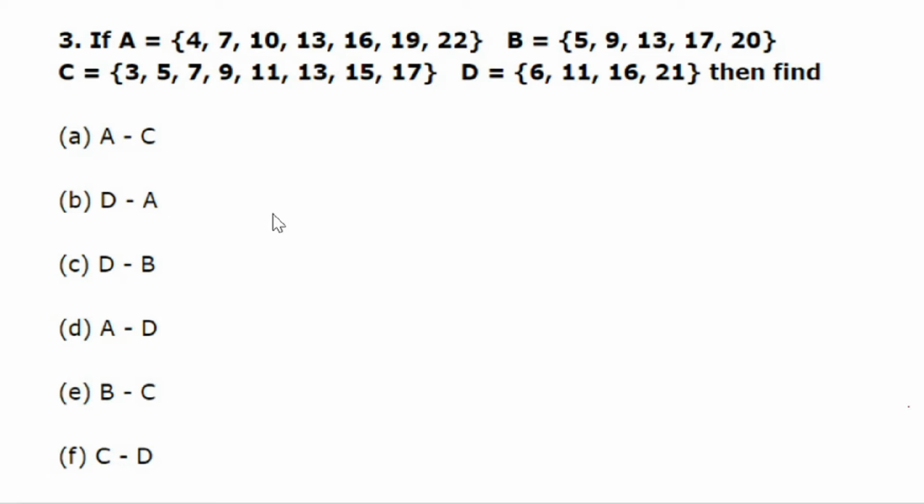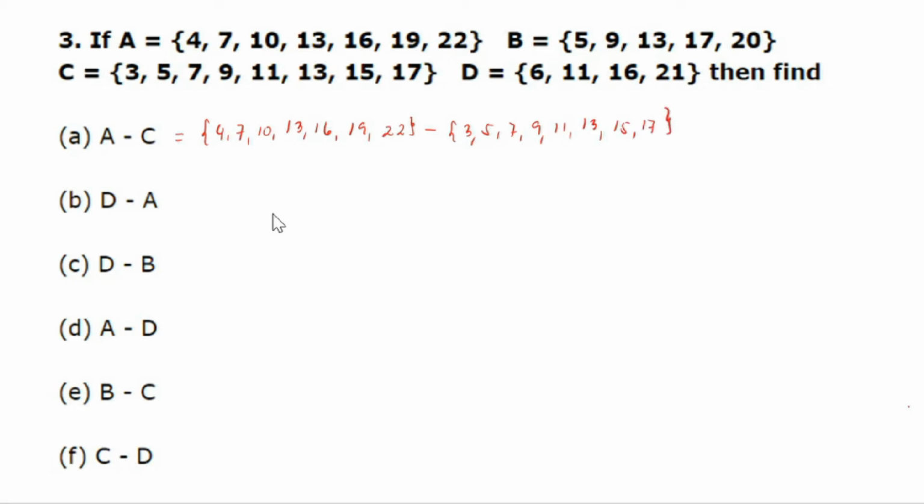For A difference C, I will write set A whose elements are 4, 7, 10, 13, 16, 19, 22, difference the set C, which is 3, 5, 7, 9, 11, 13, 15, 17.